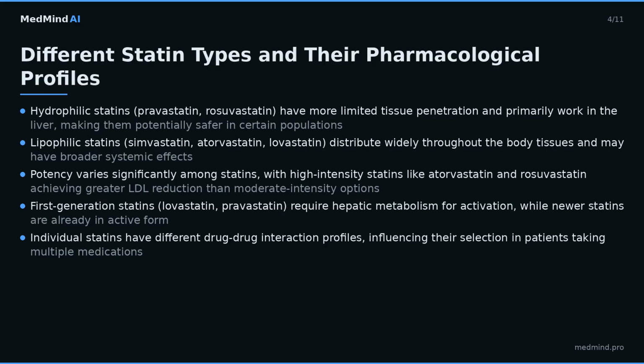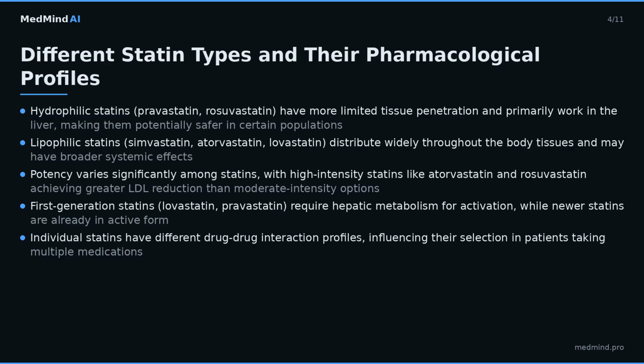Different statin types and their pharmacological profiles. Key points: hydrophilic statins, pravastatin and rosuvastatin, have more limited tissue penetration and primarily work in the liver, making them potentially safer in certain populations. Lipophilic statins, simvastatin, atorvastatin, and lovastatin, distribute widely throughout the body tissues and may have broader systemic effects.